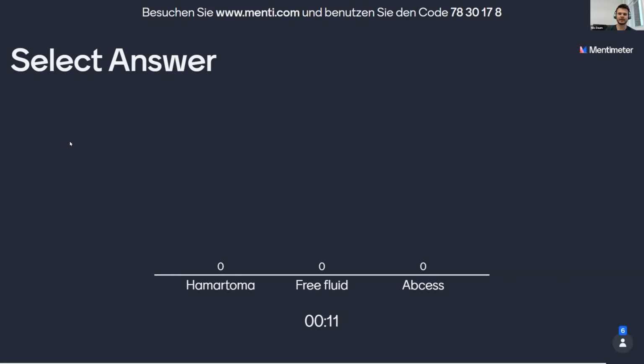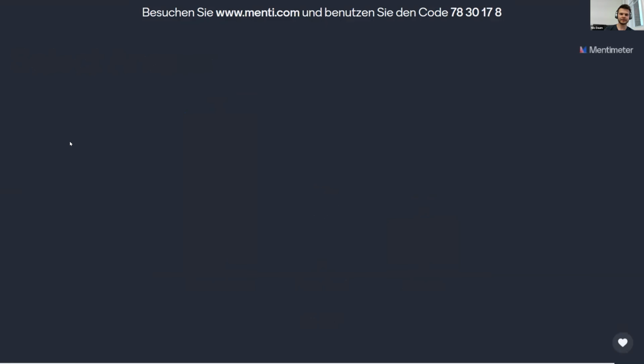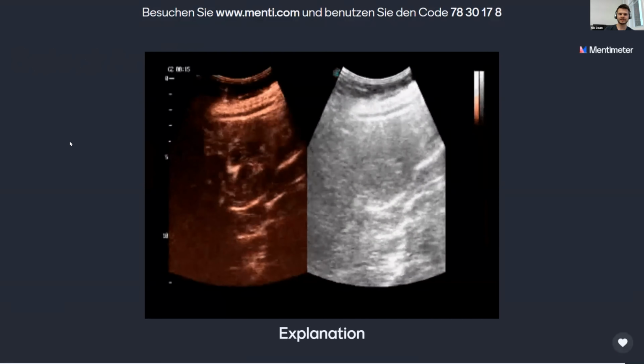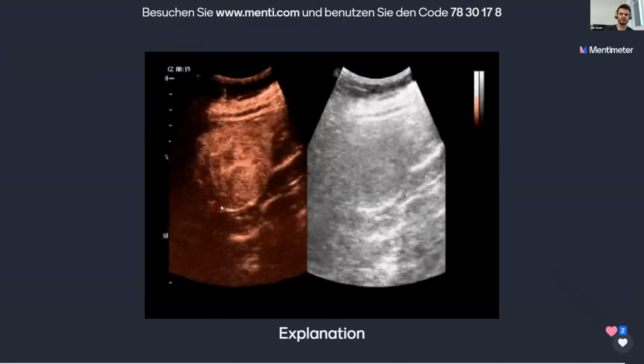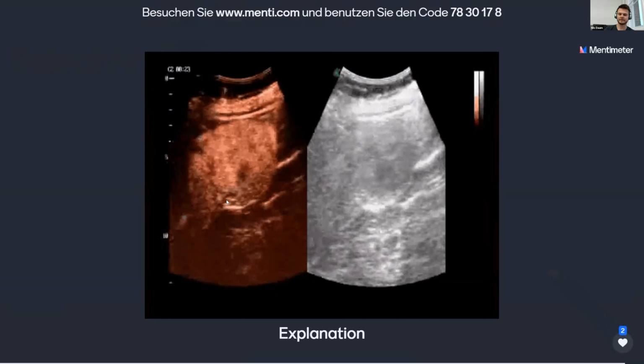Is it free fluid? Or is it maybe an abscess? What do you think? Okay, 9 said it's a hematoma. And you were totally right. But I think it's also a little bit difficult here to see it really clearly. But you can see here that you have a hematoma.